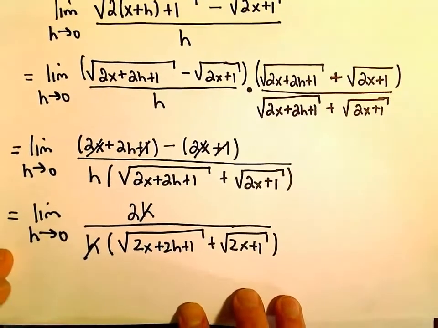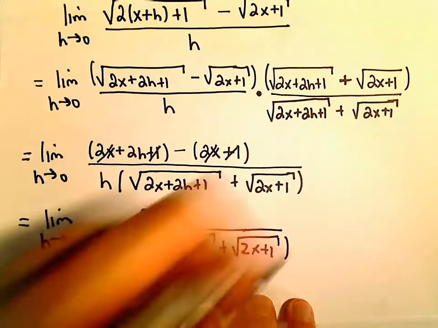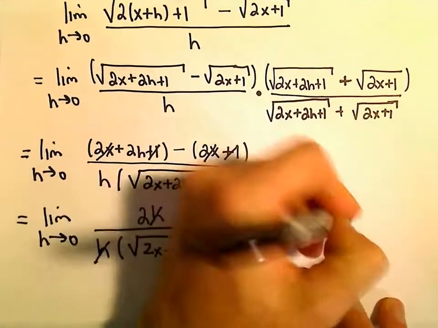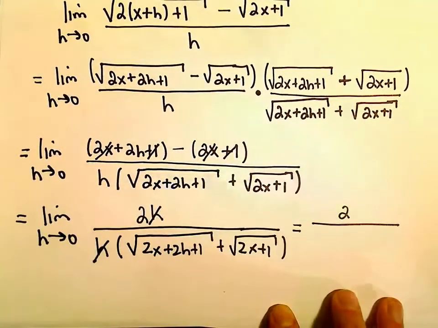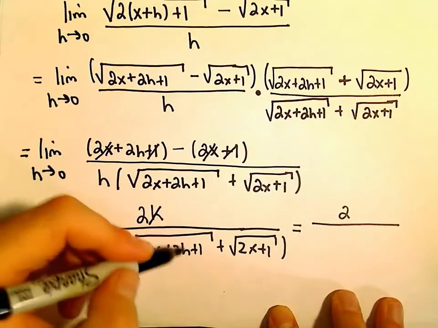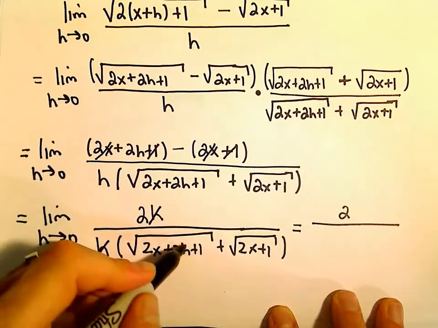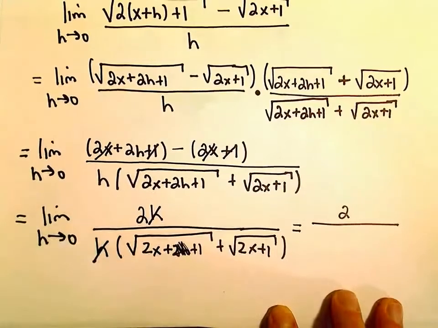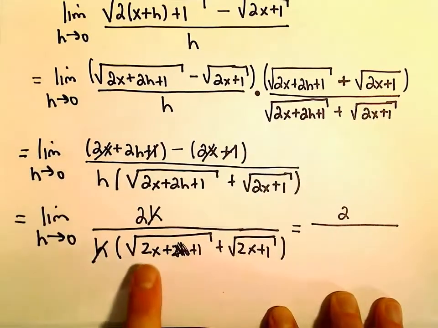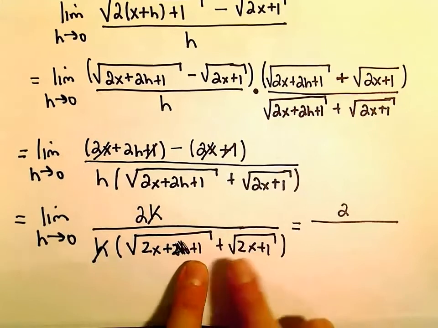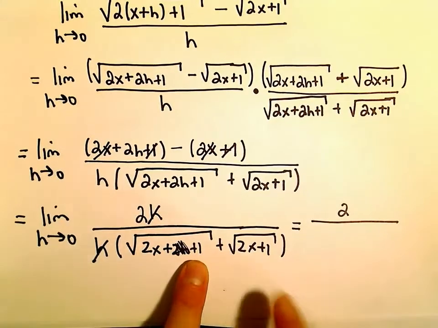The last thing to do to get the derivative is plug in h equals 0. So we'll be left with 2 on top. If we plug 0 in for h, our 2h term just goes away. We'll be left with the square root of 2x plus 1 plus the square root of 2x plus 1.